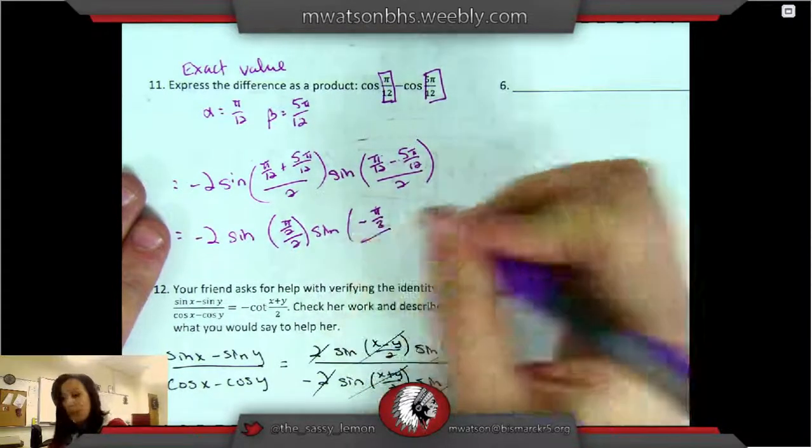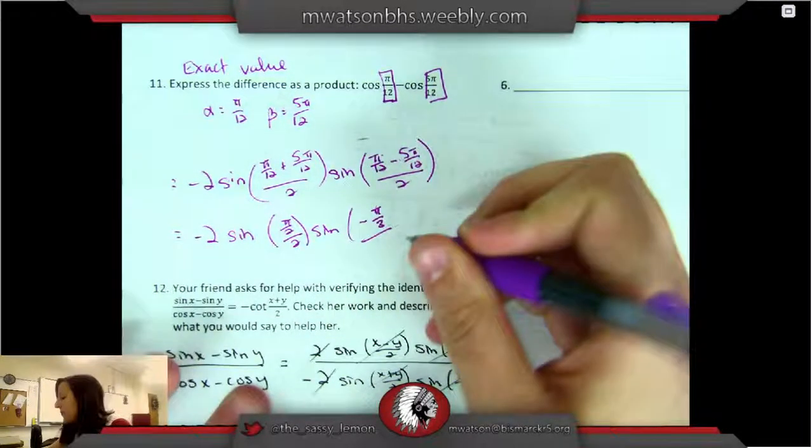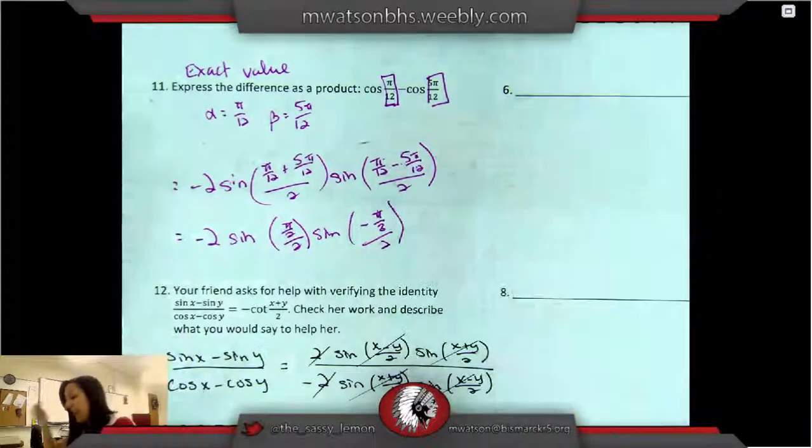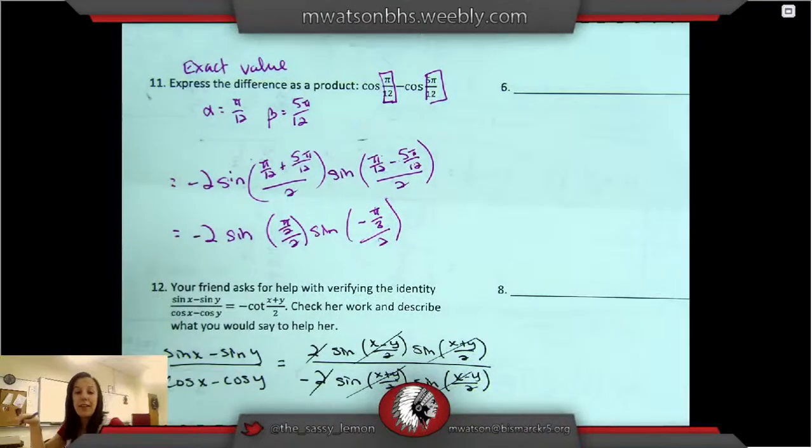If you don't believe me, stop and do the steps. All over 2. So now we've got a compound fraction, so we need to do stay switch switch, and this would be negative 2 sine of pi over 4 sine of negative pi over 6.